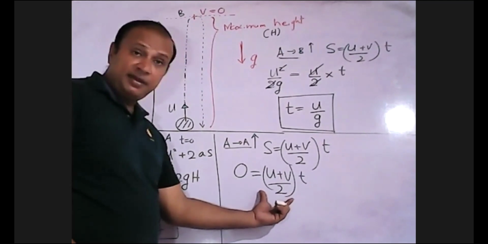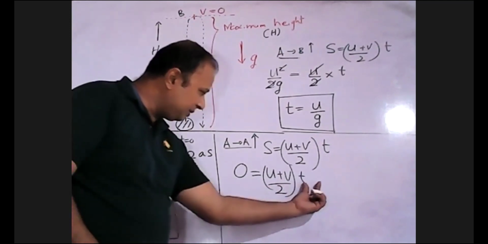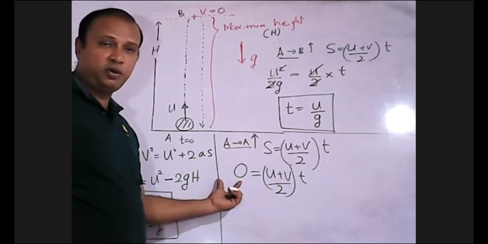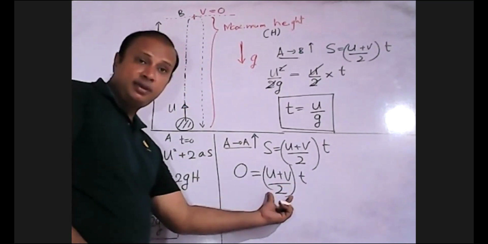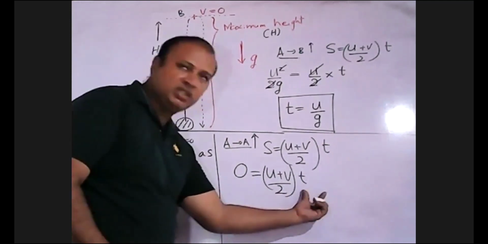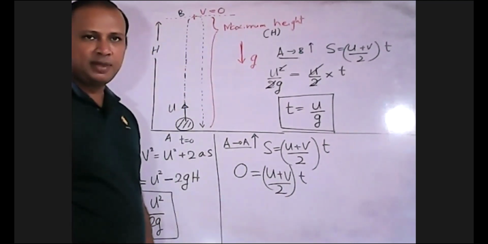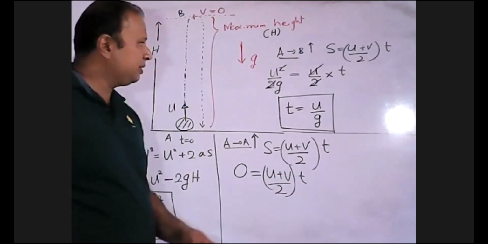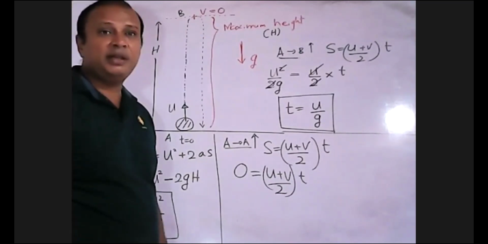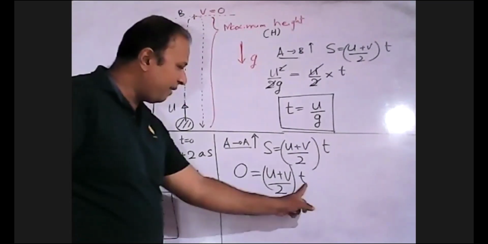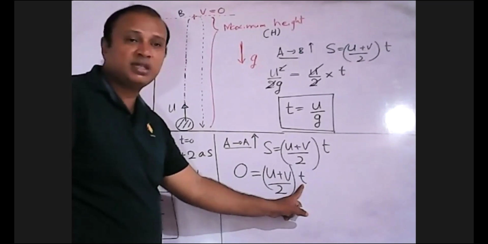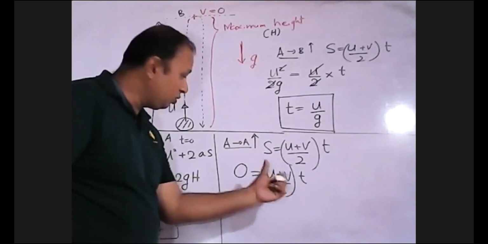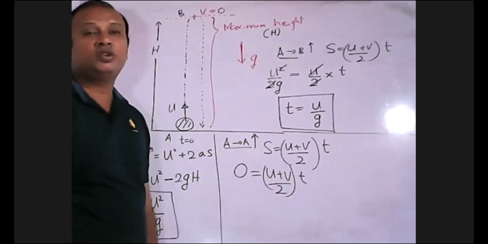Now there are two terms. This is one term, this is another term. The product of two terms is equal to 0. Therefore, this one might be 0 or this one might be 0. But you know, time cannot be 0, because there should be some value. Therefore, definitely the (u plus v) over 2 part should be equal to 0.